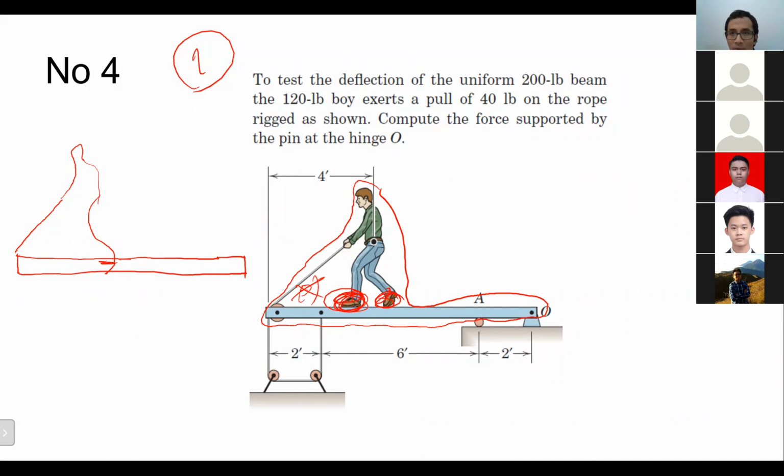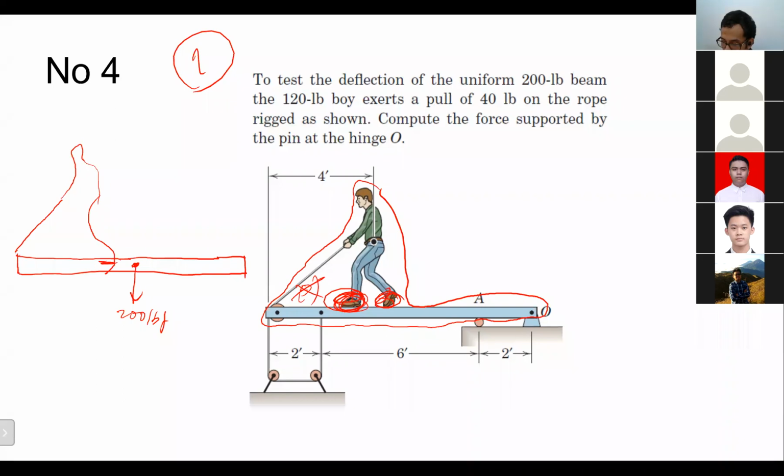The uniform 200-pound force beam. So the beam, exactly in the middle, has a gravitational force of 200 lbf, right? That's the weight of the beam.